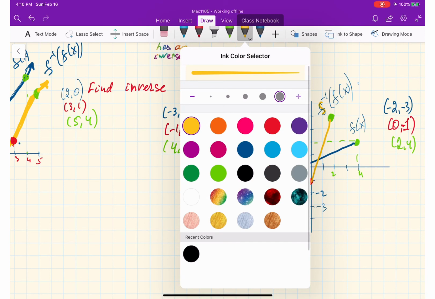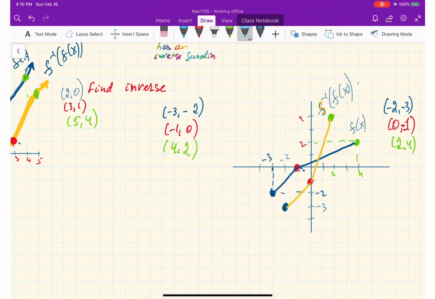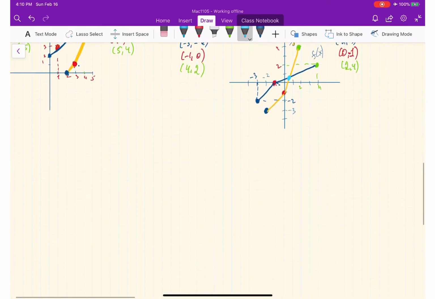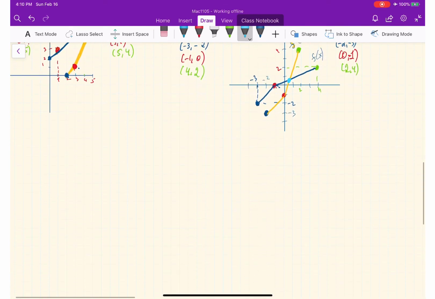Let me see what color to take at this point. So the inverse is going to be equal to each other, right? It's going to be the same. We're going to have equal functions. Whatever value f of x has, the inverse is going to be the same because they are crossing there. All right. Next one.